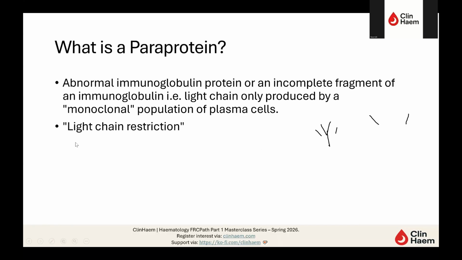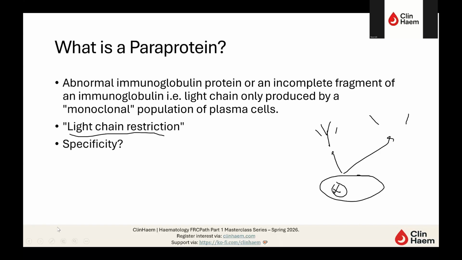The monoclonal plasma cell is only producing one type of protein, either full immunoglobulin or just light chains, and by definition can only produce either kappa or lambda, because that's all they know. So a paraprotein would always be light chain restricted, either kappa type or lambda type. That's easy to understand.